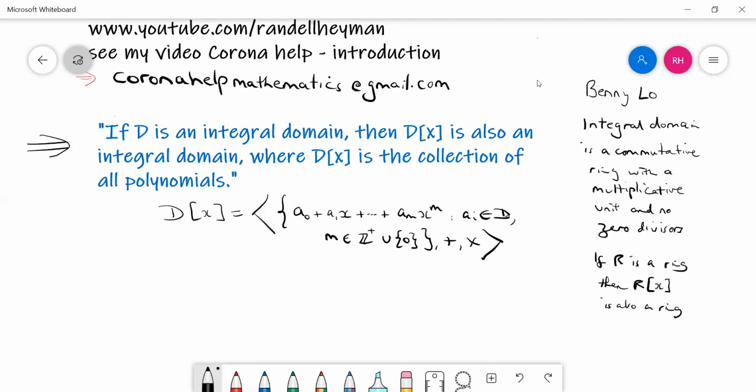Now, what's my plan here? I'll do a proper proof in a sec, but this is just a plan. If D is an integral domain, that implies that D is a ring.